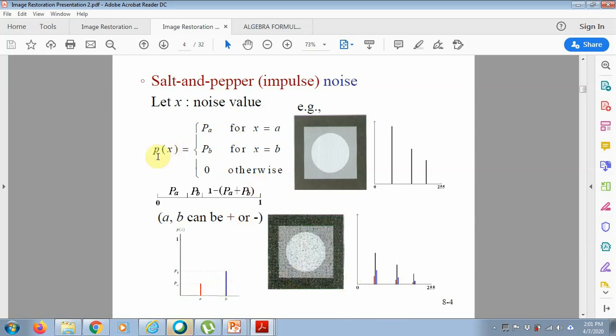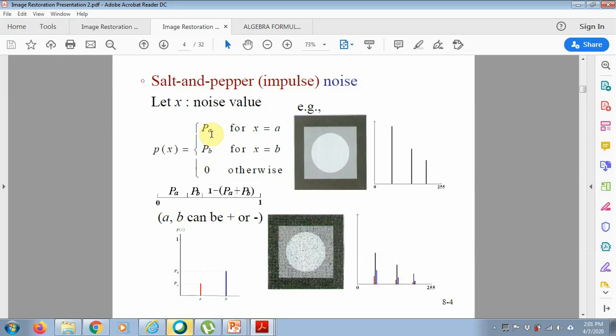The function P(x) will be Pa for x equivalent to a, then another noise Pb with another amplitude for x equivalent to b, and otherwise zero.